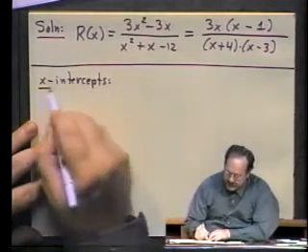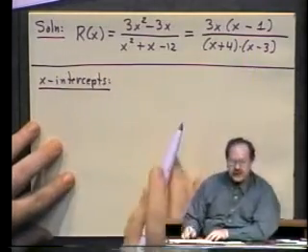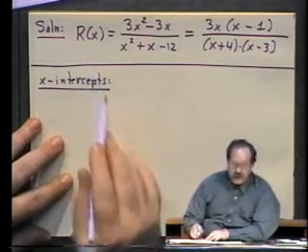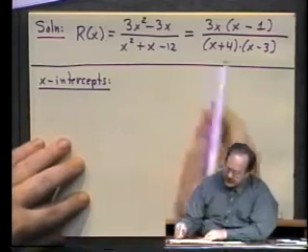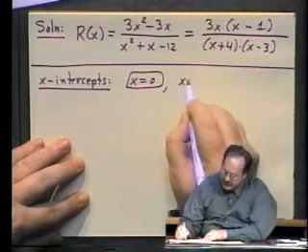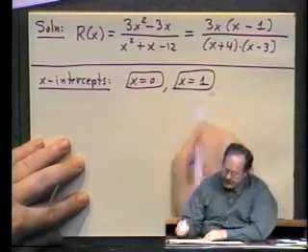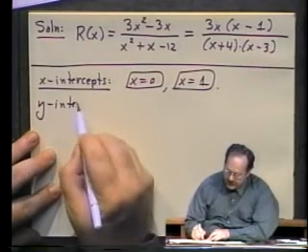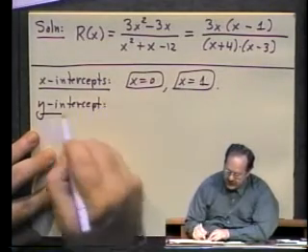X-intercepts, if any, they will be where the top goes to 0. And that will make the r of x, of course, 0, which will make those x-intercepts. Well, the top goes to 0 clearly for x equals 0 and x equals 1. So we have two places where it intersects the x-axis. All right, y-intercepts, or y-intercept.